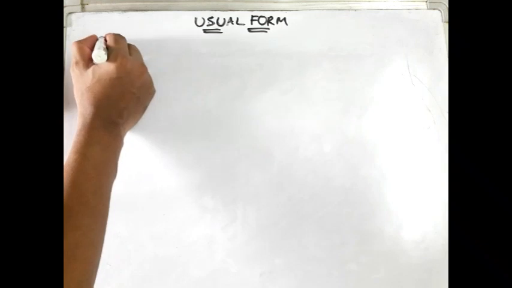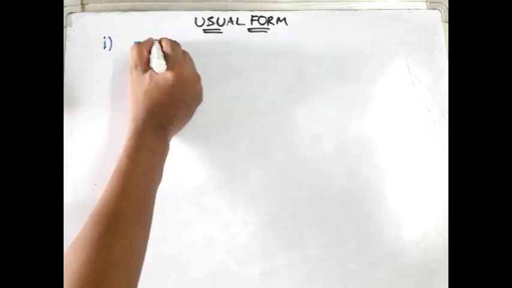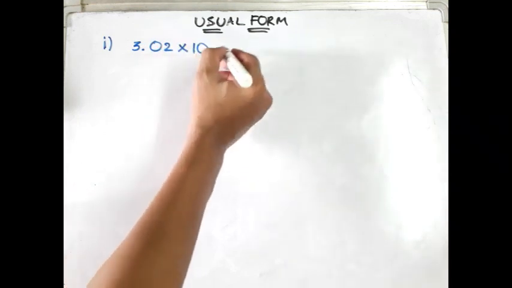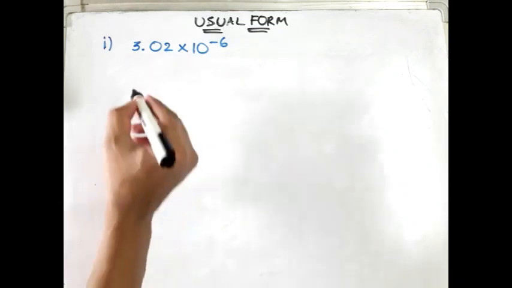Please check. So the next concept is expressing numbers in usual form. For that, let us take some examples. 3.02 into 10 power minus 6. Look.